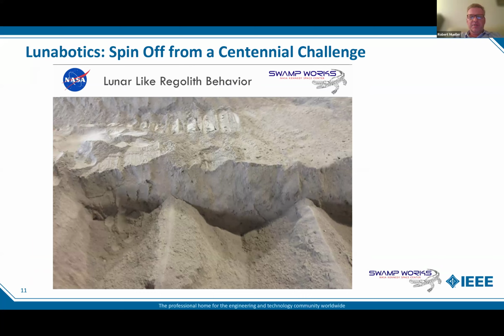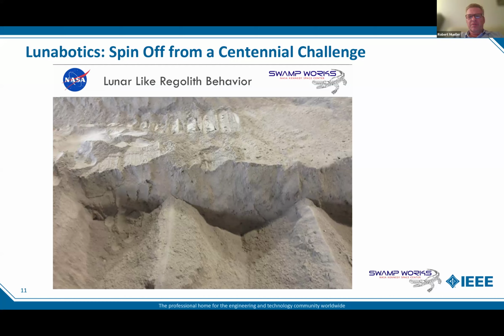If you look at the regolith, it's really the steep sidewalls. That's an indication of a high angle of repose, which shows how the lunar regolith behaves on the moon. This is very similar to the pictures we saw from the Apollo program. If you do a vertical cut on the moon, that vertical plane stays vertical. It doesn't avalanche down. On Earth, if you used a regular soil, it would probably avalanche.